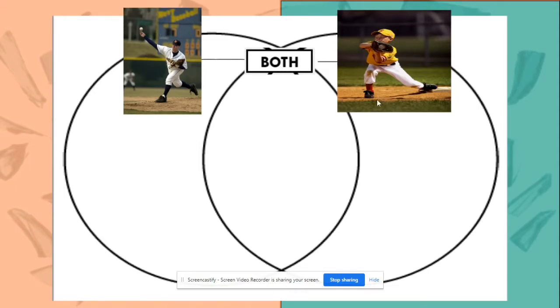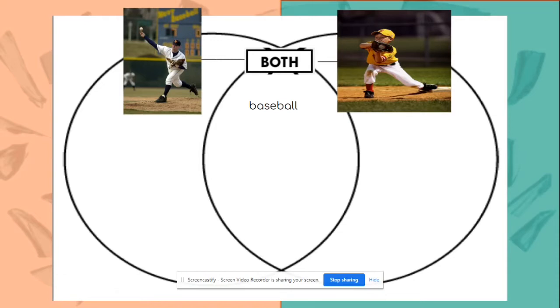On this side, we have a young boy who is also playing baseball. He has his glove right here and the ball is inside it, so we can assume that he is catching the baseball. All right, so let's talk about how these pictures first compare to each other. So like we said, both of these people are playing baseball.